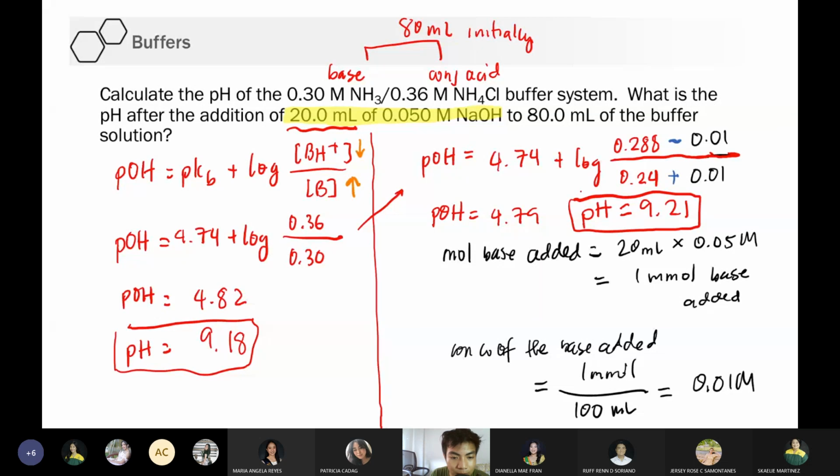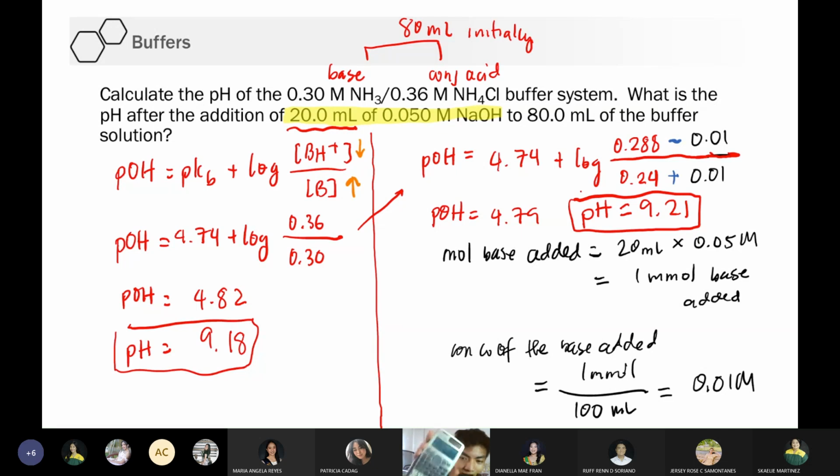Sir, di ba 3.61? Repindot natin. So 4.74 plus log. On numerator, 288 minus 0.01. Sa baba, 0.24 plus 0.01. 4.79 po.